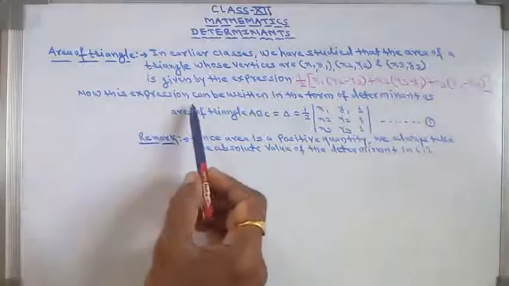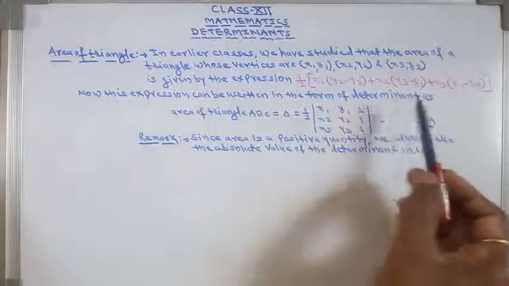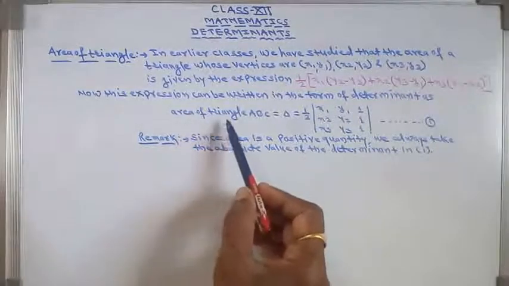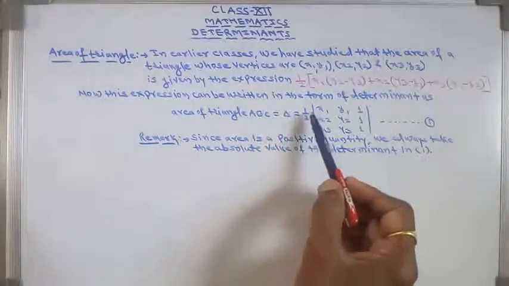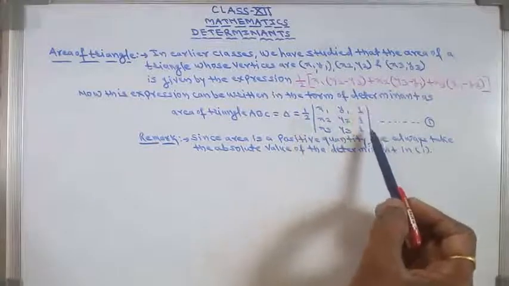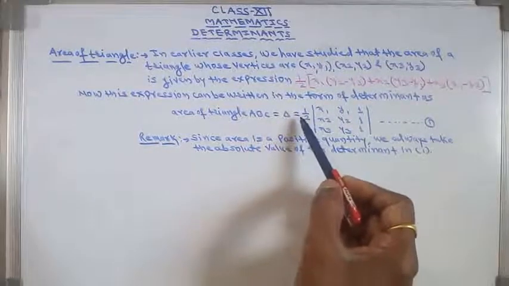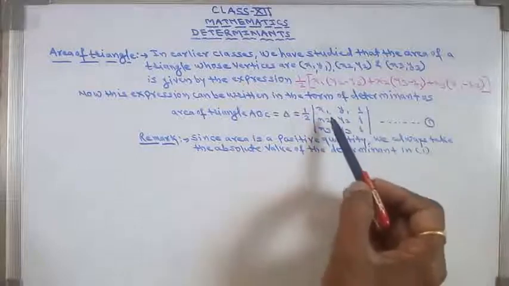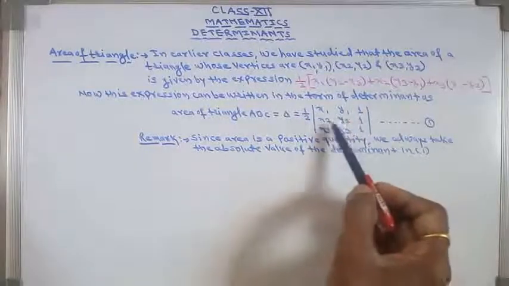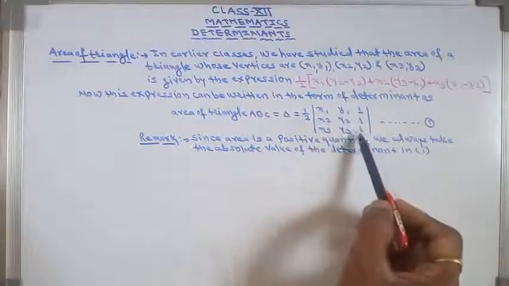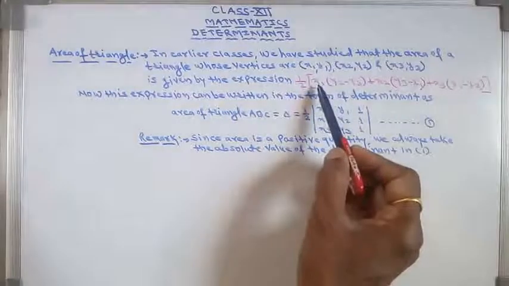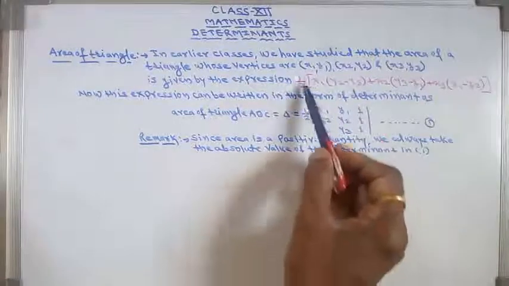Now this expression can be written in the form of a determinant: area of triangle ABC, delta, equals half into the determinant of rows x1 y1 1, x2 y2 1, x3 y3 1. You see, x1 into (y2 minus y3), half is there.